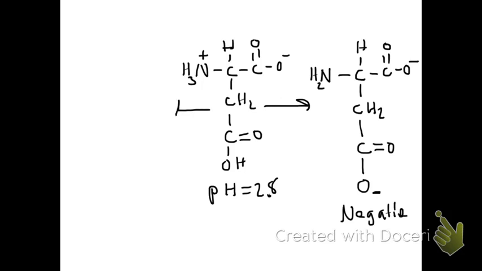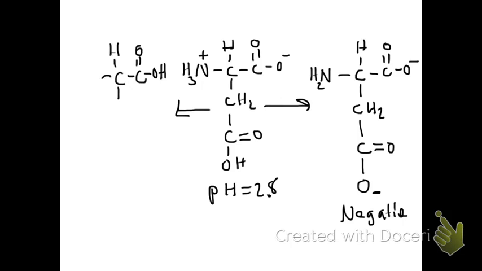So, if we go below the isoelectric point, then our amino acid should become more acidic and more positive. So we should have our OH group there.